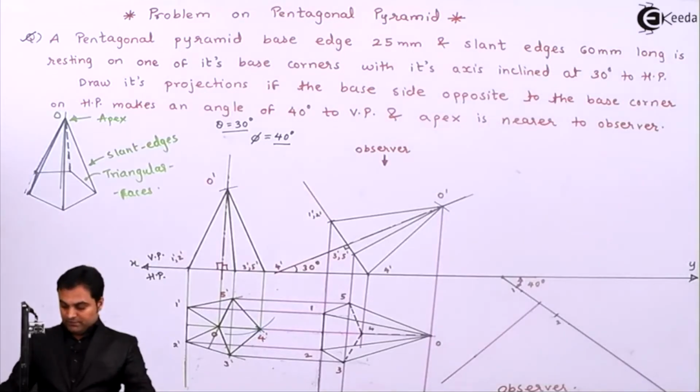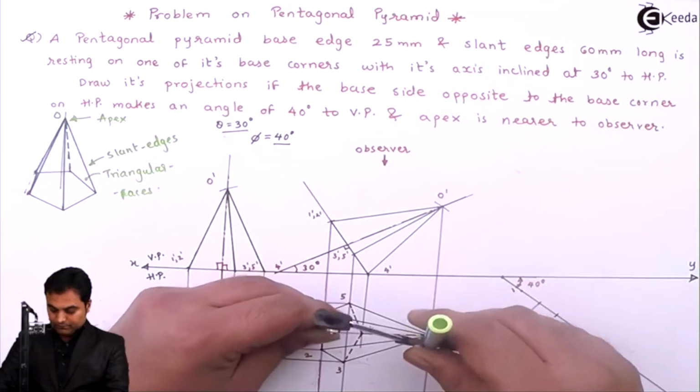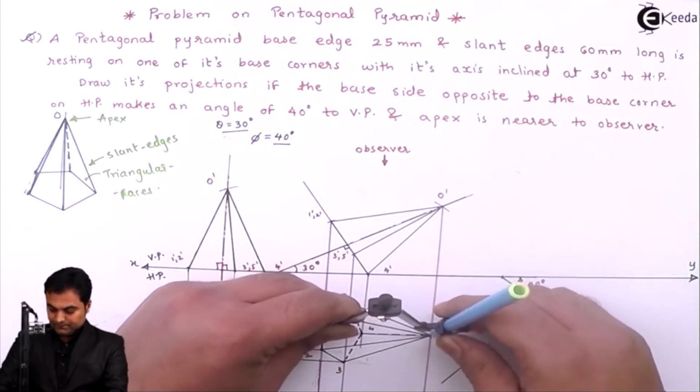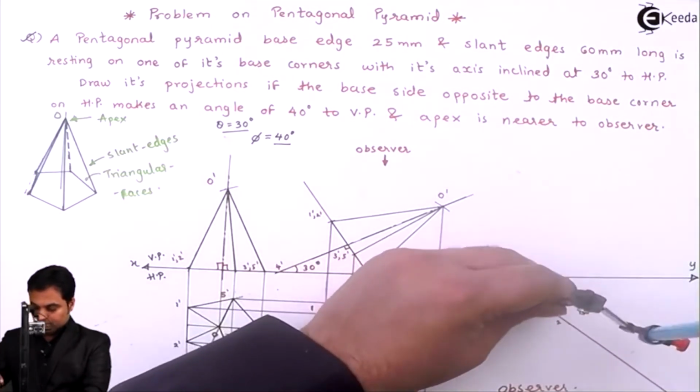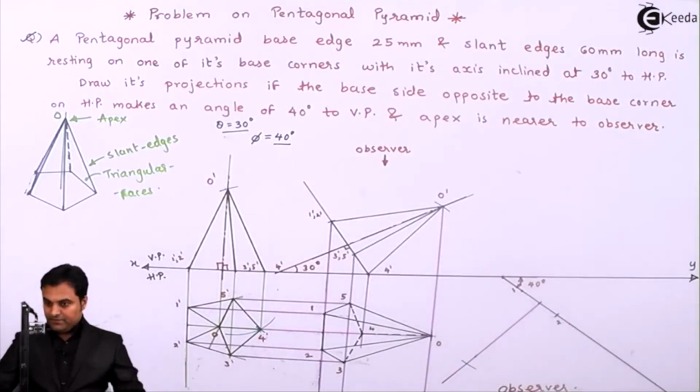Then measuring the distance from edge 1 to 2 up to the apex, that gives me apex O.